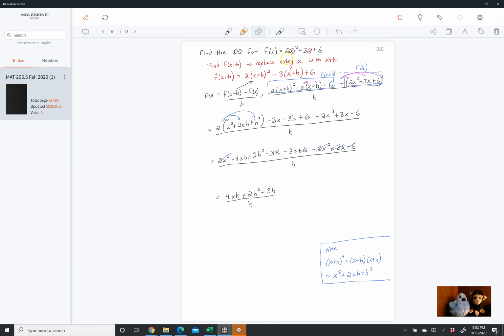Everything has an h in it. So we're just going to cross out an h from each thing. That h goes away. This h goes away. Now there's only one h left. And this h goes away. And now we have our difference quotient. Our difference quotient is 4x plus 2h minus 3.